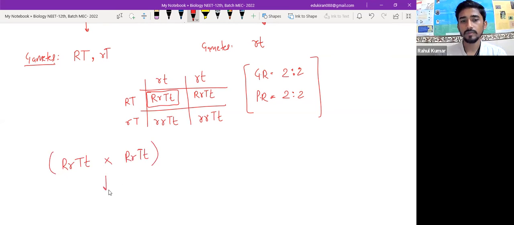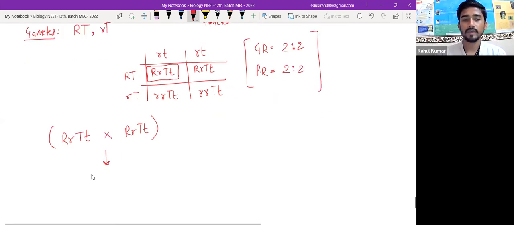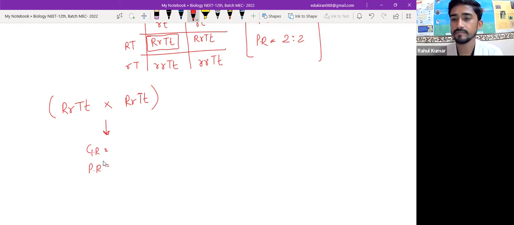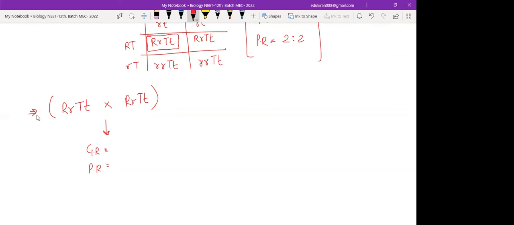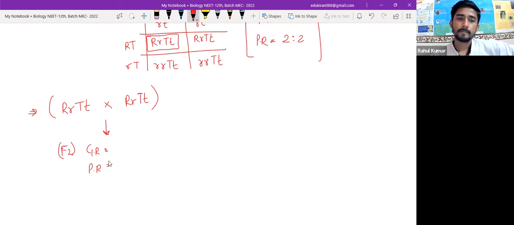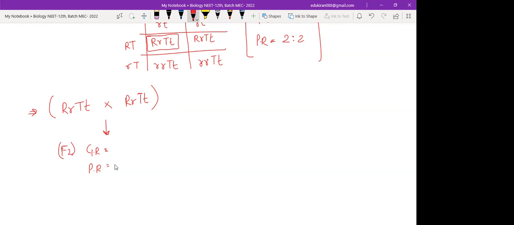Now, can you tell me what will be the genotypic and phenotypic ratio in the next generation? This time you have to give me a complete answer. Rifat, Atif, Fatima, Hiba. Everyone, was I audible? Do this and tell me what will be the GR and PR in F2. And try to be quick now.